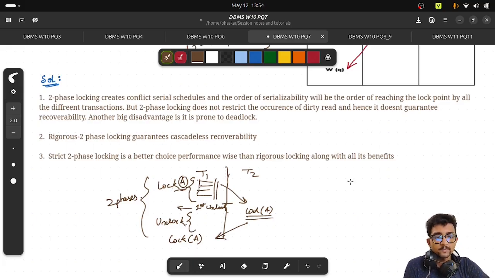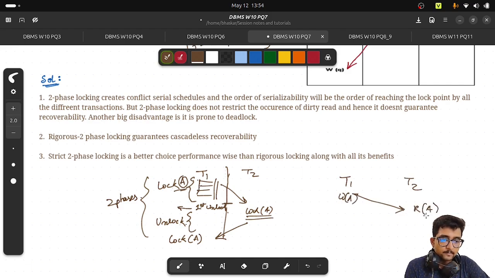From conflict serializability, when did we say that a schedule is not conflict serializable? When cycles were getting formed. If T1 and T2 are there and there is a conflicting pair from here to here, say write A and read A, and then at some point later, after some instructions, I again have a read A or write A, it doesn't matter, and then again here one write A, then I have a dependency in cyclic order.